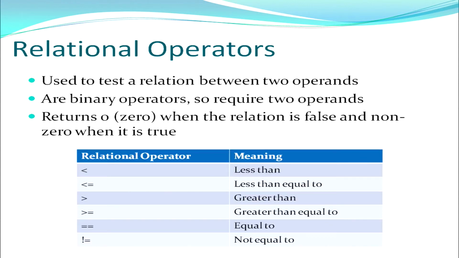And the various relational operators are less than, equal to, greater than, equal to and not equal to. So, A can be less than B, A can be greater than B and so on. So, we test whether A is less than B or whether A is greater than B. If the relation is true, it will return you a non-zero value. If the relation is false, then it returns you a 0 value.